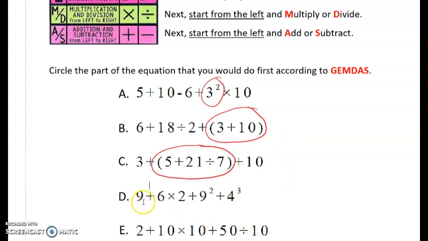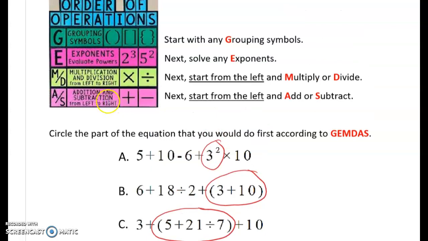In D, 9 plus 6 times 2 plus 9 to the second power, or 9 squared, plus 4 to the third power, or 4 cubed. I'm going to come back up. Do I have any grouping symbols? I do not. Do I have any exponents? I do.